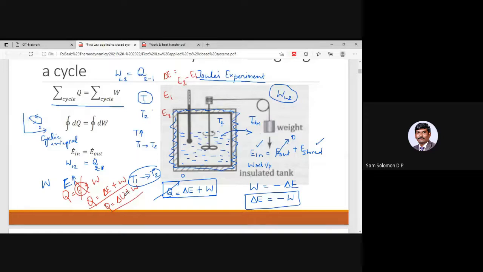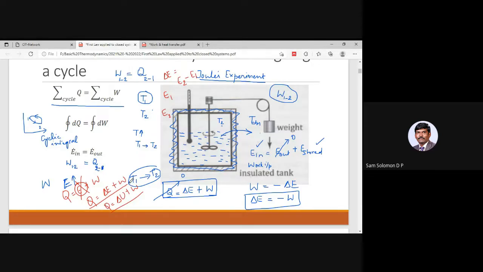So in thermodynamics, we will not be able to measure the energy of a particular thing. You can't measure energy. If you are able to measure energy, you will be a famous scientist like Einstein or Newton. So far, in about 4,000 to 5,000 years as per the calendar that we have, no one is able to measure energy.